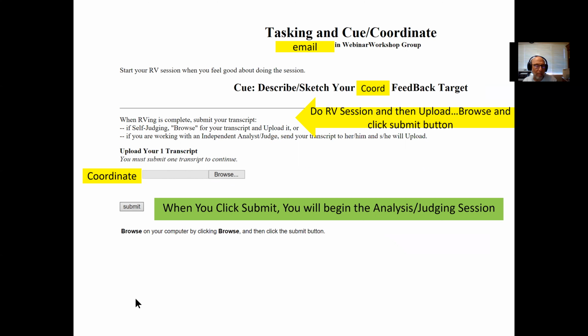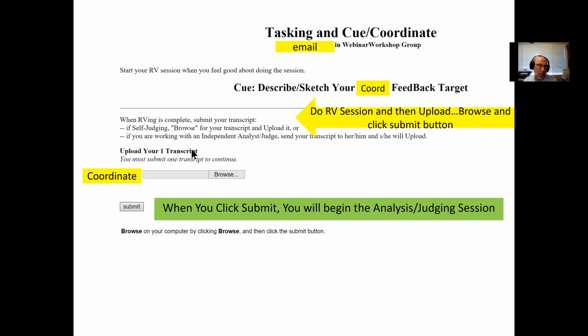To show you how much this is truly precognitive, your actual pair of possible targets, which is unique to that coordinate, will not be chosen until after you click the submit button. That guarantees that all of this is precognitive.